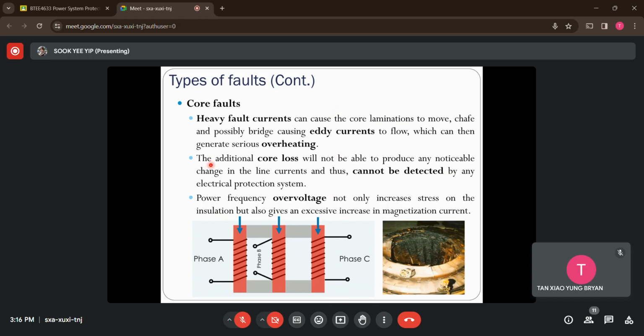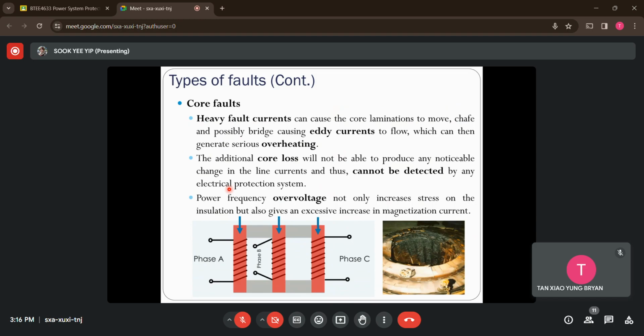But for this core fault, there is actually no way for us to detect it by using any electrical protection system. The reason is that whenever a core fault occurs, it doesn't produce any notable change in terms of line current value, which means that the current value will not change. So you are unable to detect this by using the electrical protection system.